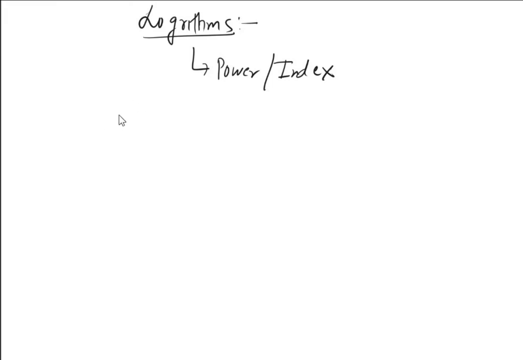from the world of index laws, we'll take an example of 10 squared equals 100. This is the result, or just a general number.